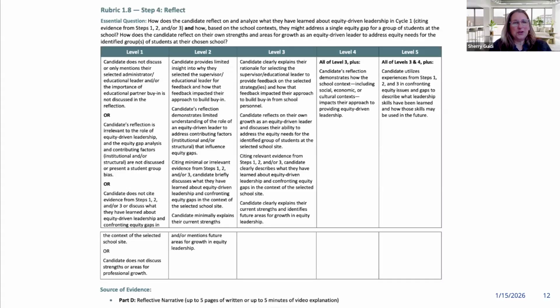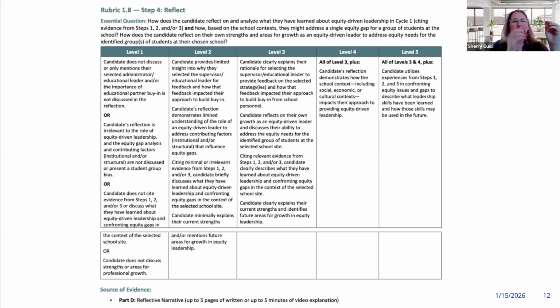Okay, this is really new for me. So I have a question. When we look at this rubric, is the essential question, are those questions in the template? I'm not understanding. I know that the rubrics go with the template.